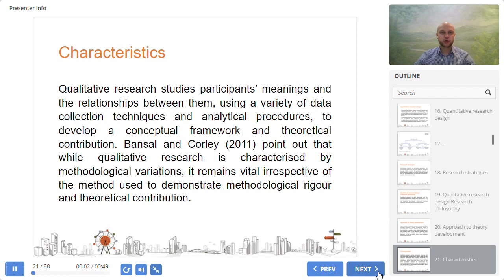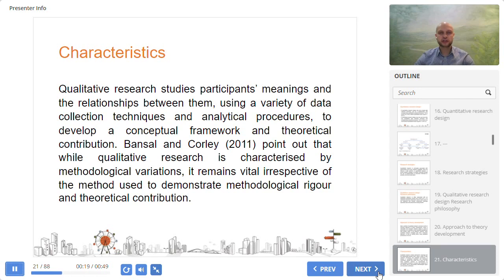Characteristics: qualitative research studies participants' meanings and the relationships between them using a variety of data collection techniques and analytical procedures to develop a conceptual framework and theoretical contribution.